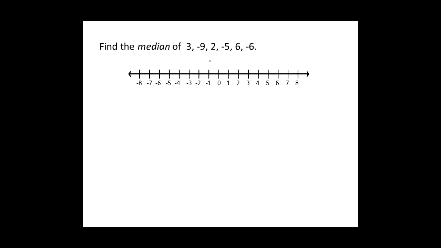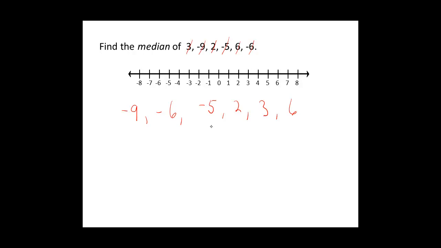For us to order these numbers, we will see that -9 is our smallest number, then -6, then -5, then 2, then 3, and finally 6. Notice as I was writing down the list, I was crossing off from the original list in order to keep track.